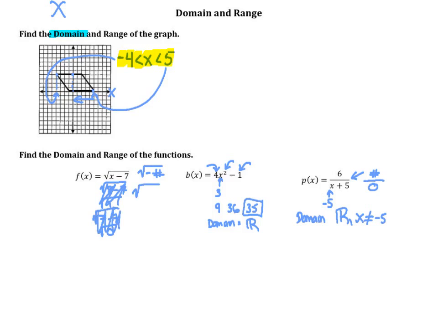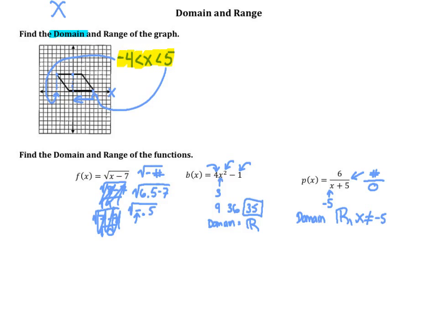What if you did, let's try 6.5 minus 7. Now if you did 6.5 minus 7, you would get the square root of -0.5. Well, remember, you cannot take the square root of a negative number. So you need to ask yourself, what x values would be the domain?